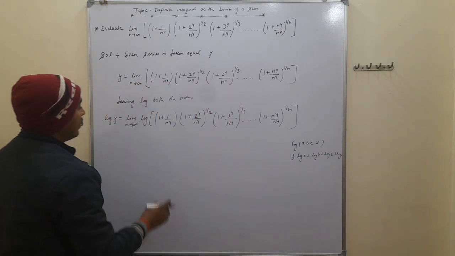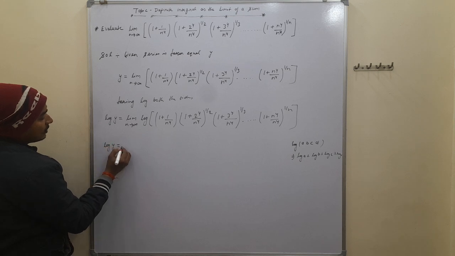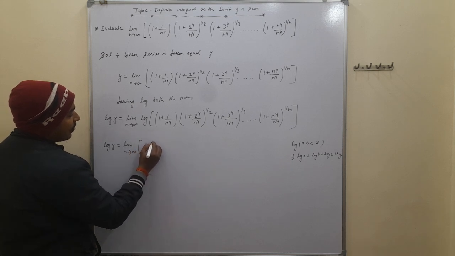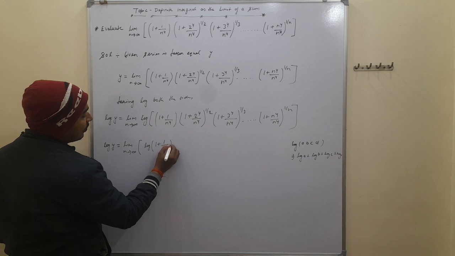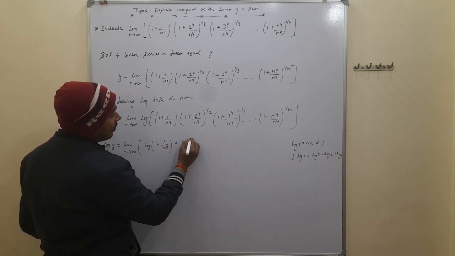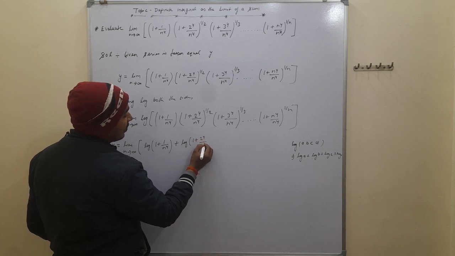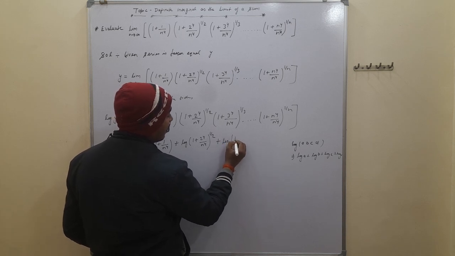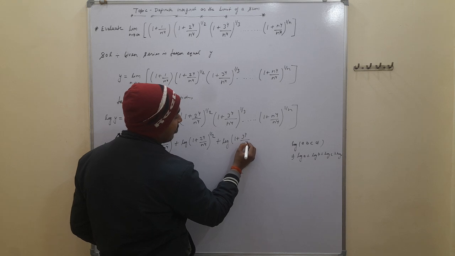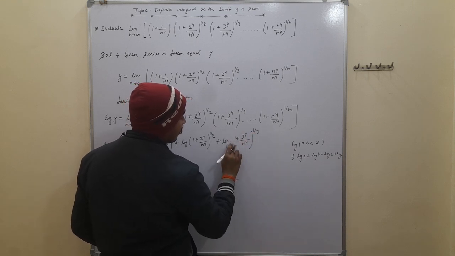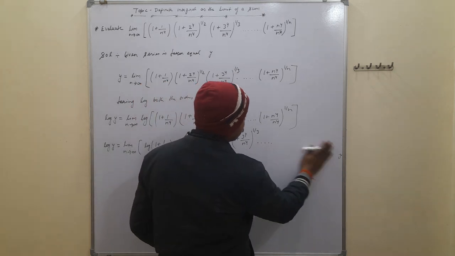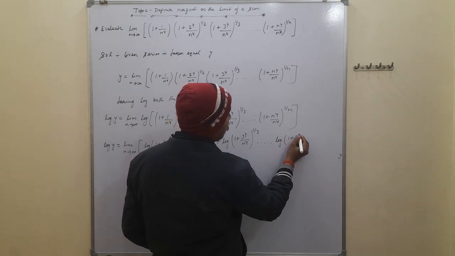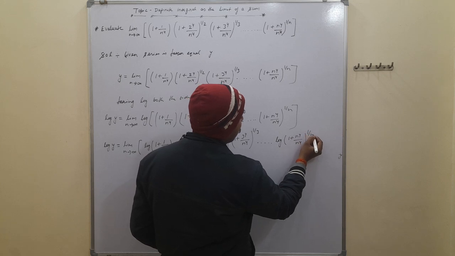So we have to expand here, that is log y is equal to the limit as n tends to infinity of log of (1 + 1/n^4) plus log of (1 + 2^4/n^4)^(1/2) plus log of (1 + 3^4/n^4)^(1/3) and so on, up to log of (1 + n^4/n^4), the whole to the power 1/n.